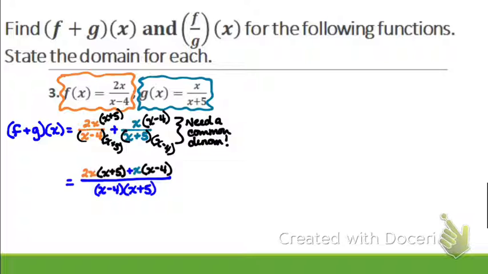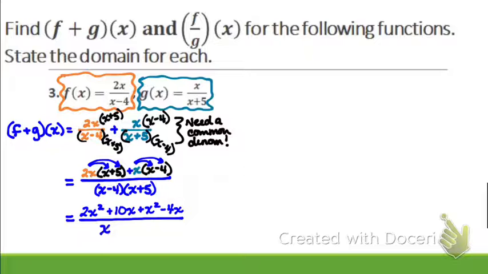All right, let's clean up that numerator a little bit. We're going to distribute the 2x. And we're going to distribute the x back here. So I have 2x squared plus 10x plus x squared minus 4x over my denominator.